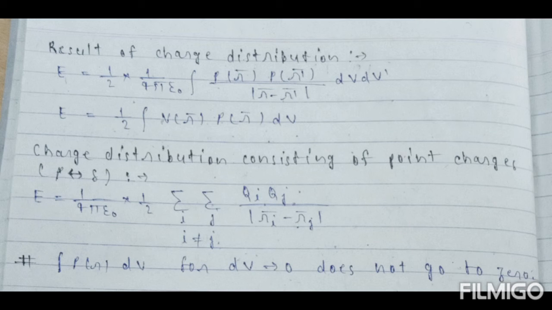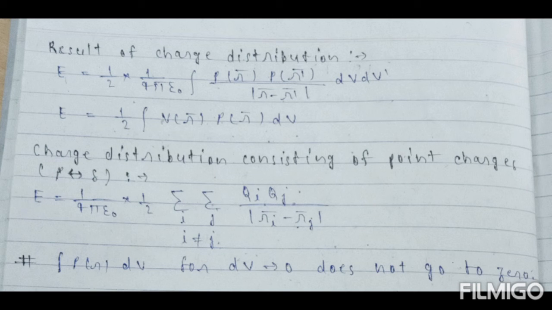So finally, to conclude this, we have seen that if there is a charge distribution or a collection of charges, I can write the energy of this system as 1/2 times 1 over 4 pi epsilon 0 integration rho(r prime) over |r minus r prime| dv prime, which is also equivalent to 1/2 integration V(r), the potential due to the full charge distribution, times rho(r) dv.